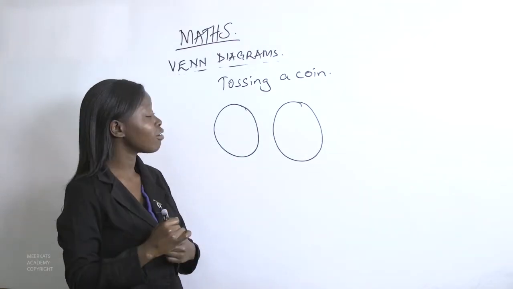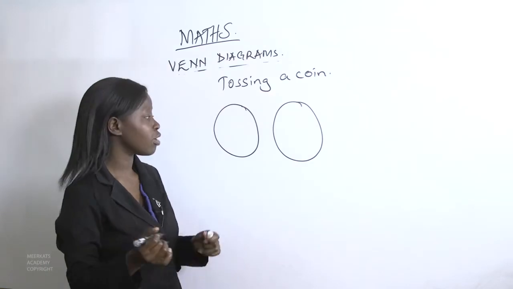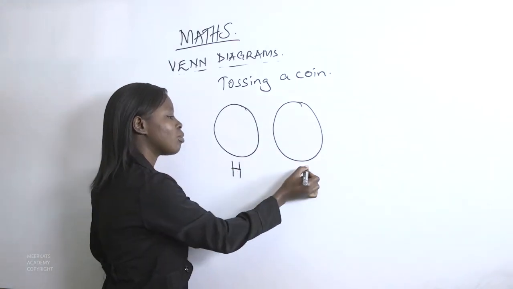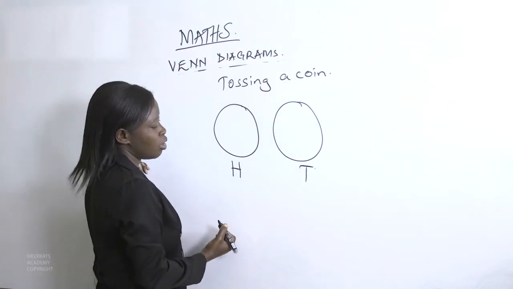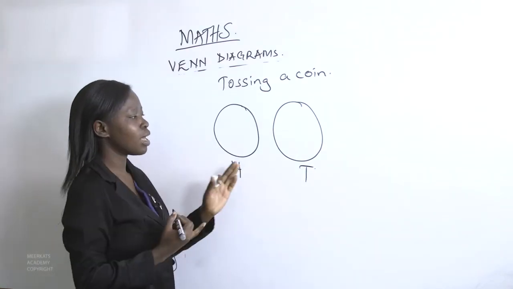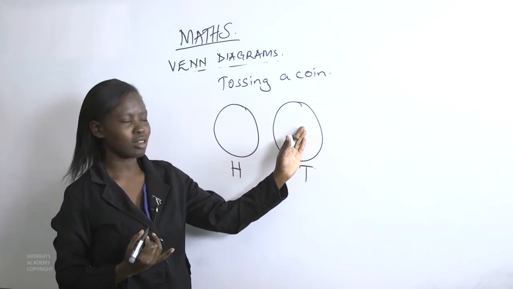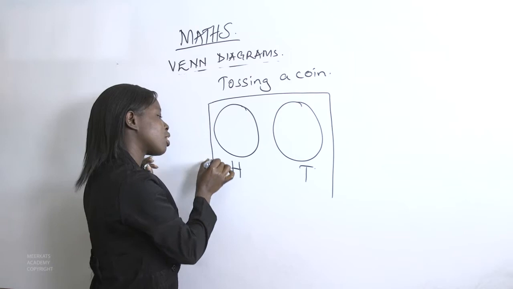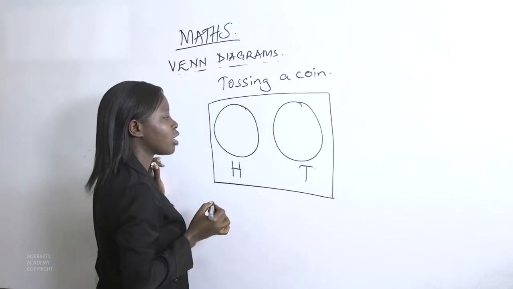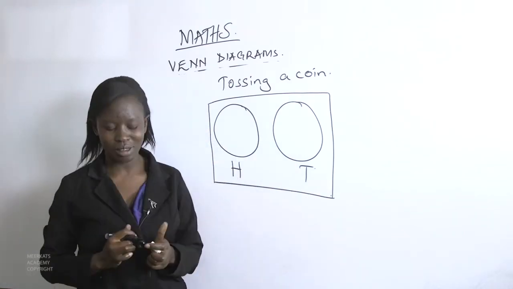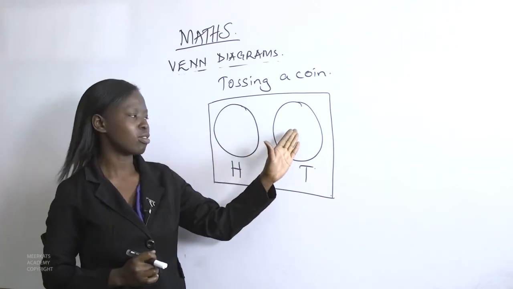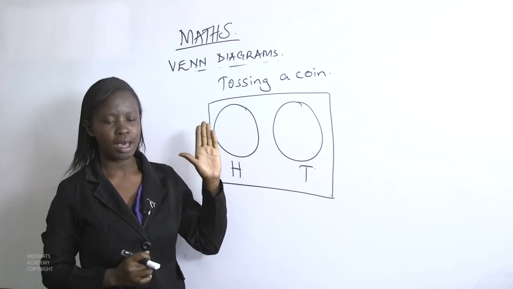But when we are having a mutually exclusive event, then our circles will not intersect. So we are talking about the case of tossing a coin. When a head appears, it will hinder the occurrence of a tail. So you simply draw the two circles, but you don't intersect the circles, so that this will simply tell that those are mutually exclusive events. Each one of them occur at its own.